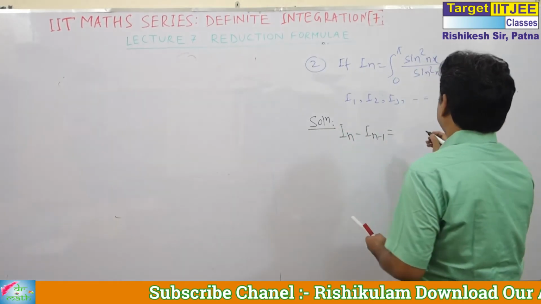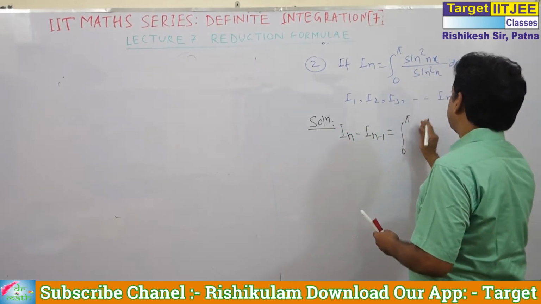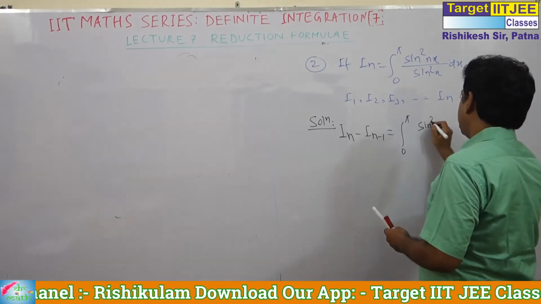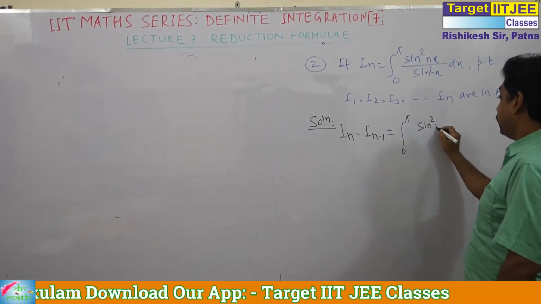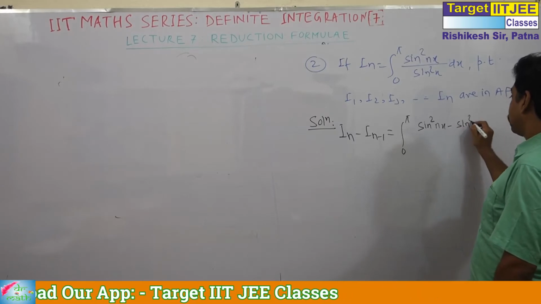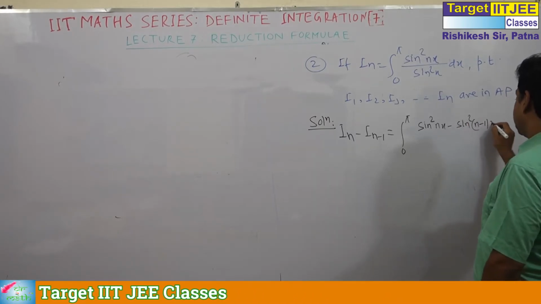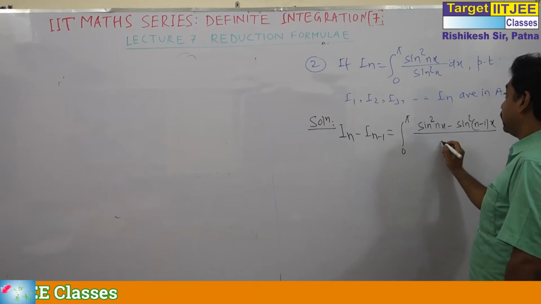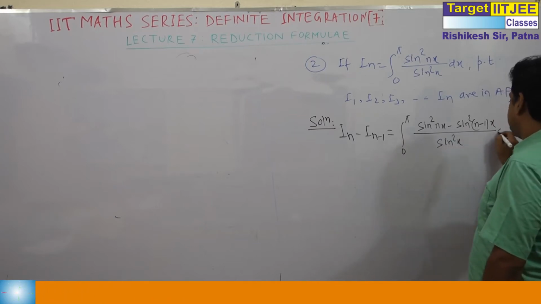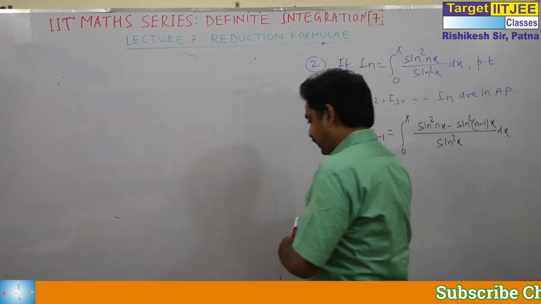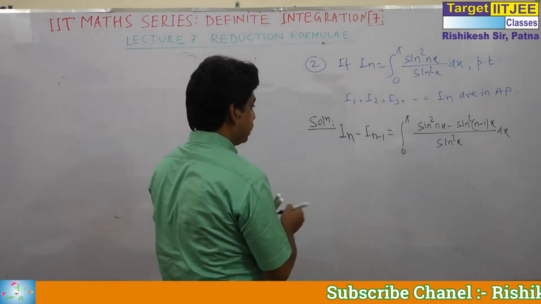So see this one. What we get? This is the integral from 0 to pi of sine square nx minus sine square (n minus 1)x, divided by sine square x, dx.